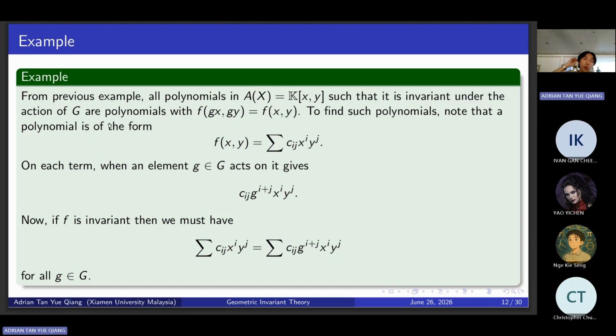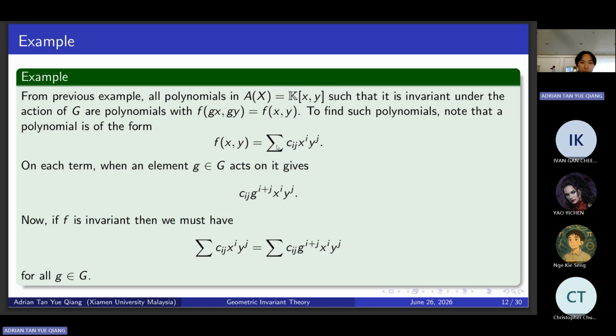Okay. So from above, we know that if we try to find the quotient, we will find this coordinate ring, which is isomorphic to A(X)^G. So we just have to find the set of all G-invariant regular functions on X. So of course, the polynomial looks like this. Oh, I forgot to mention that X is A^2, and that's why the ideal is zero, so the quotient by nothing is closed.